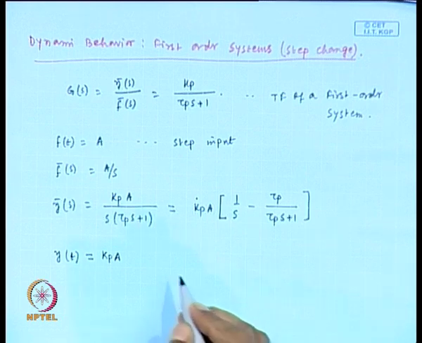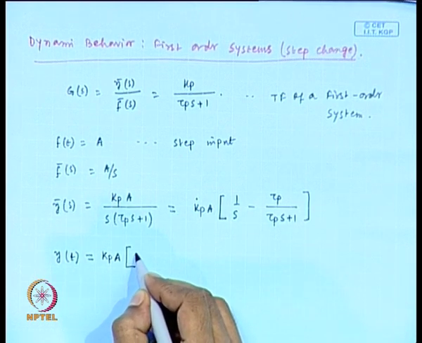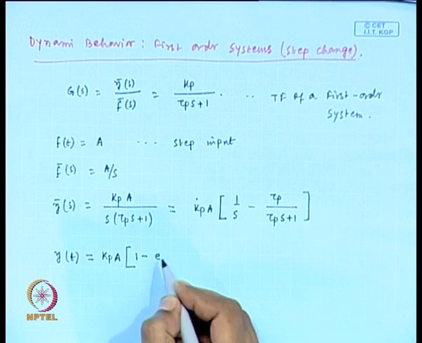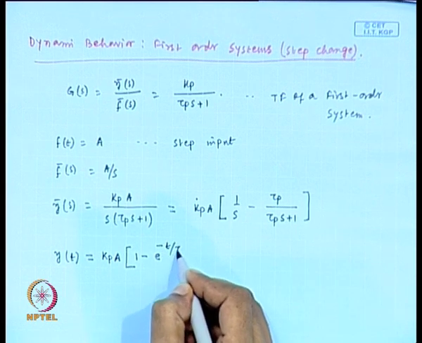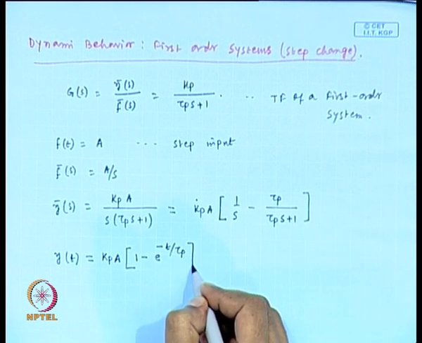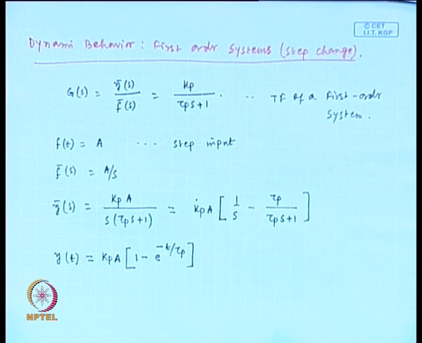K_p A (1 minus exponential of minus t divided by tau_p). Fine. This is the process output of a first order system subjected to step input in time domain.